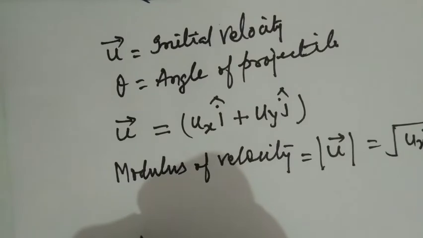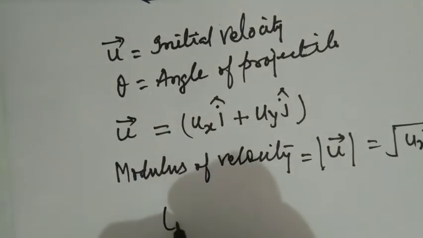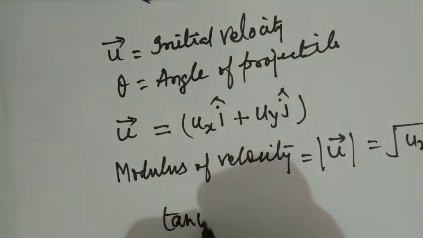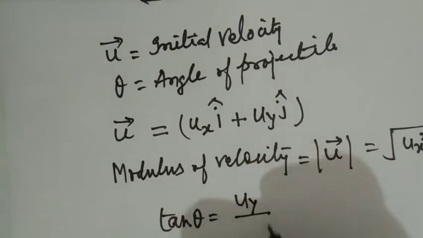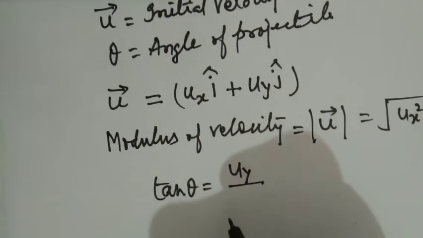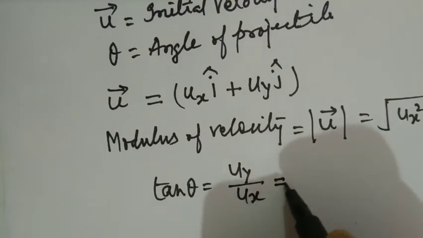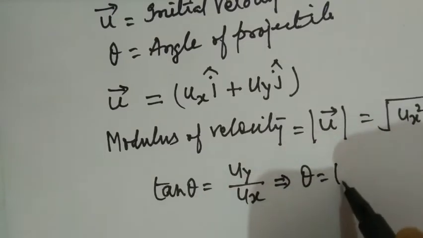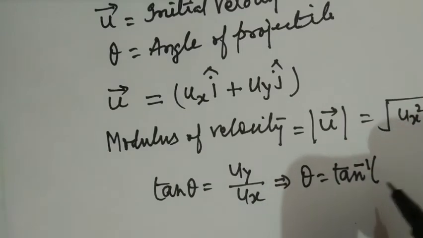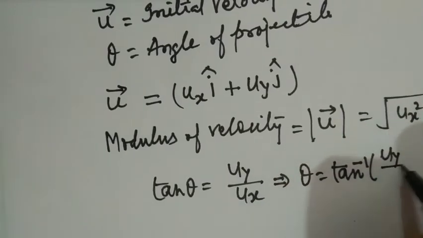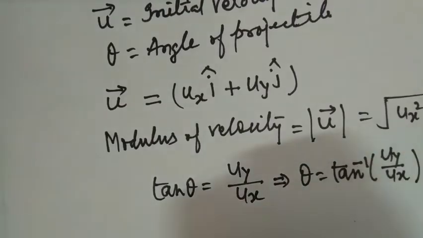What will be the angle of projection? Just see that tan theta is equal to uy, the vertical component, by ux, the horizontal component, perpendicular by base. Now theta is equal to tan inverse of uy by ux. Understand this?